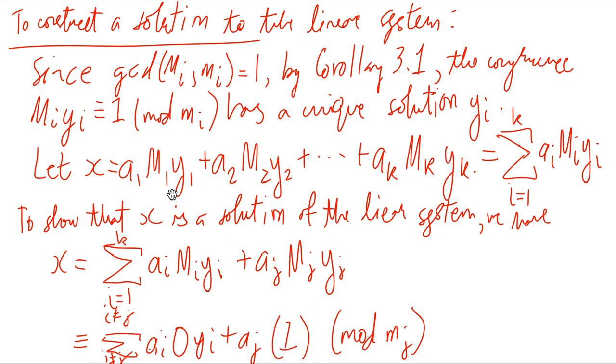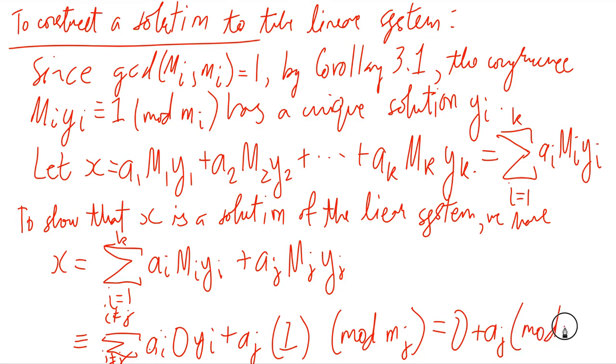Right. So since this is congruent to 1, we have the summation of a sub I times 0 times y sub I for all I not equal to j, plus a sub j times 1, mod m sub j. So this is actually equal to 0 plus a sub j, mod m sub j.